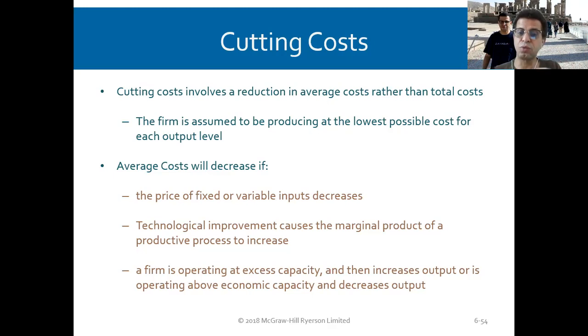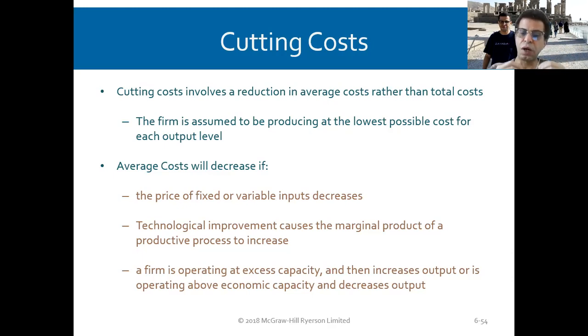Now, the firm is assumed to be producing at the lowest possible cost for each output level. We assume that. Now, the average cost will decrease if the price of fixed and variable input decrease. So the less we put in, the lower the average cost becomes. The fewer flowers we buy, the lower the average cost becomes.